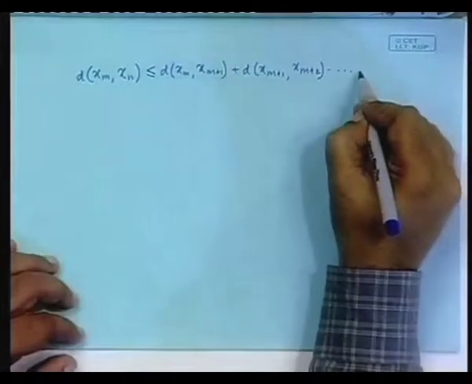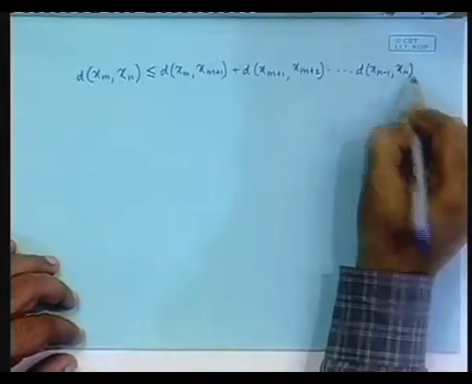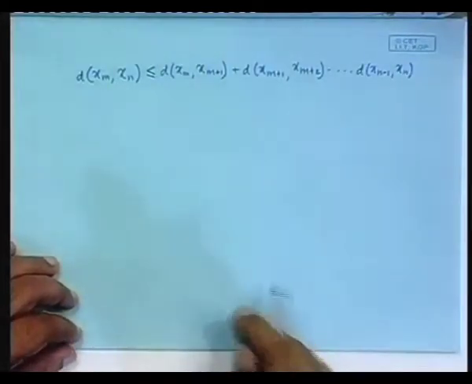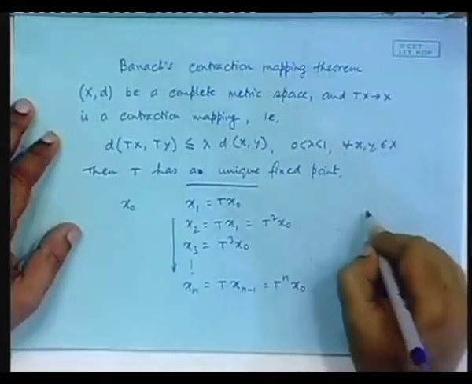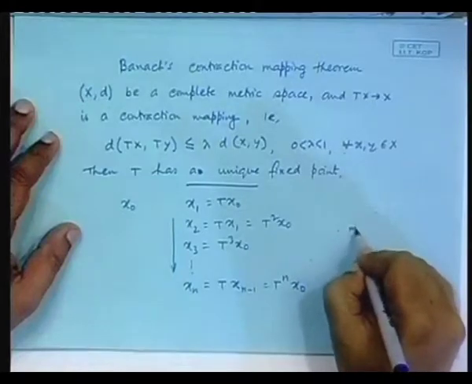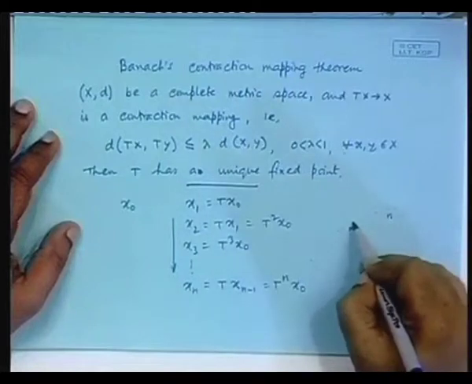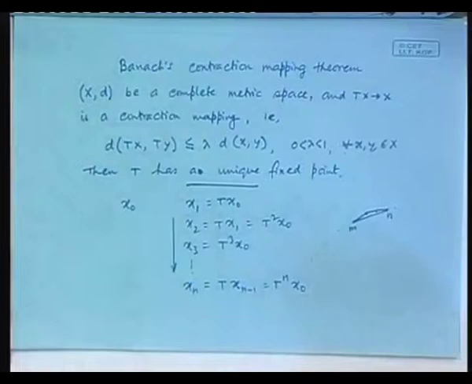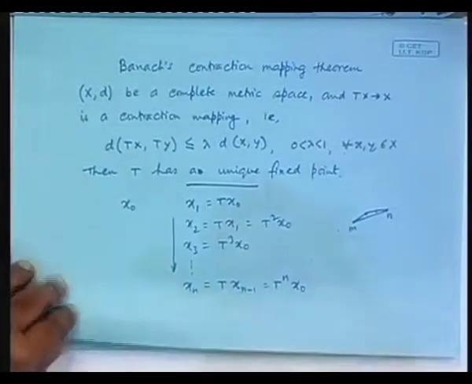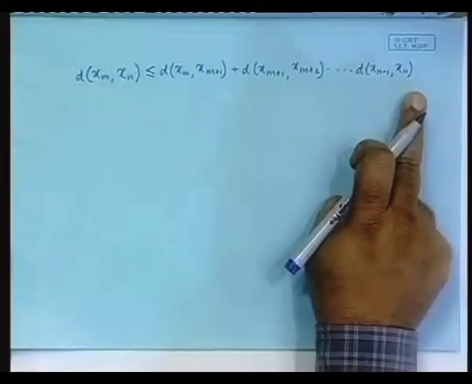Finally, we will reach d of x n minus 1 and x n. So, in that sequence, there are say 2 points m and n, and we are saying that the distance between them is definitely less than this plus this plus this. It is the triangle inequality.